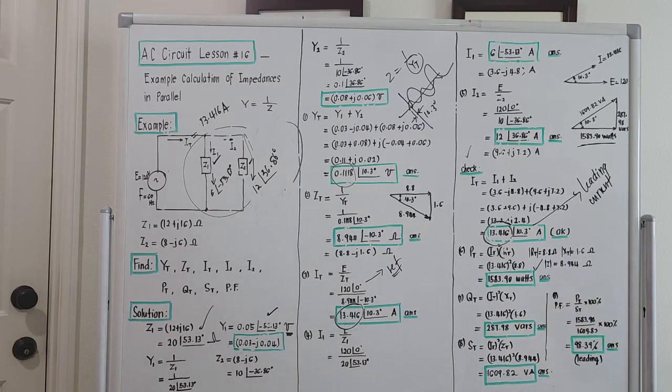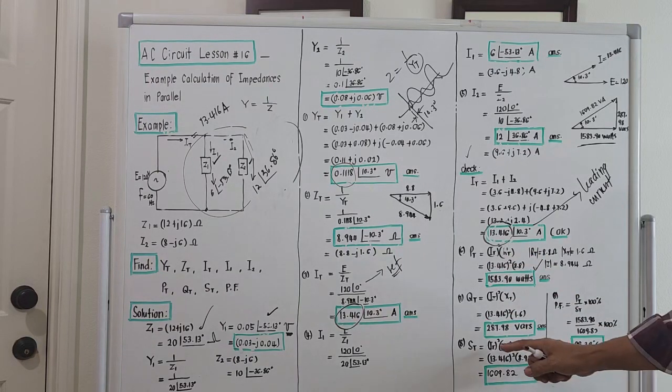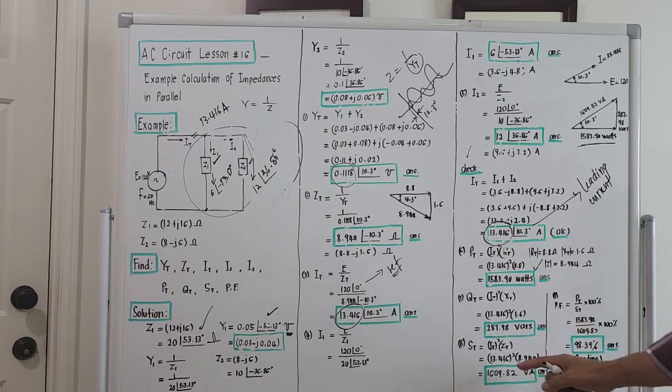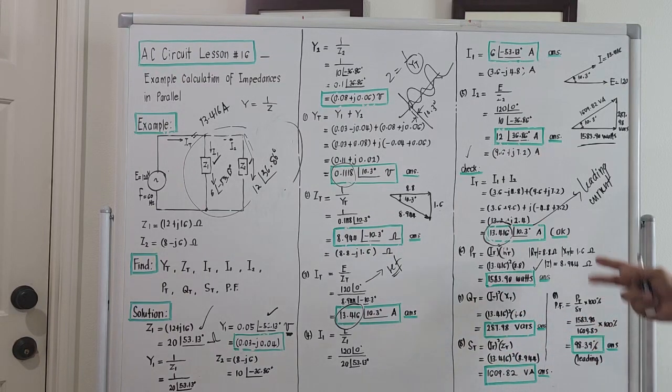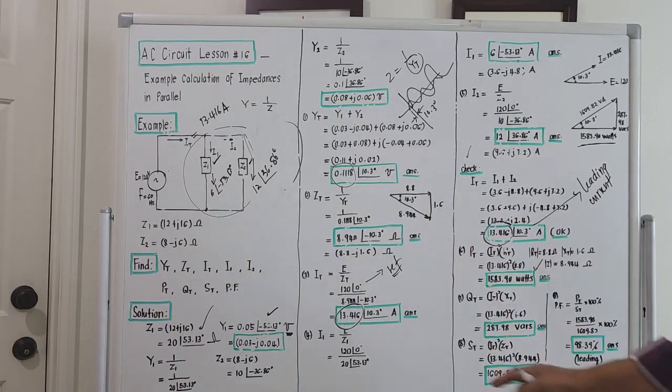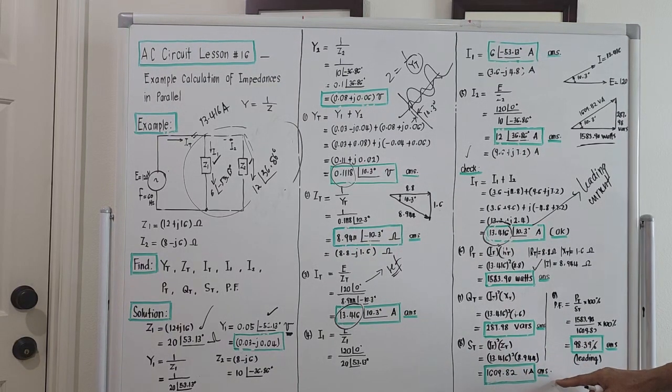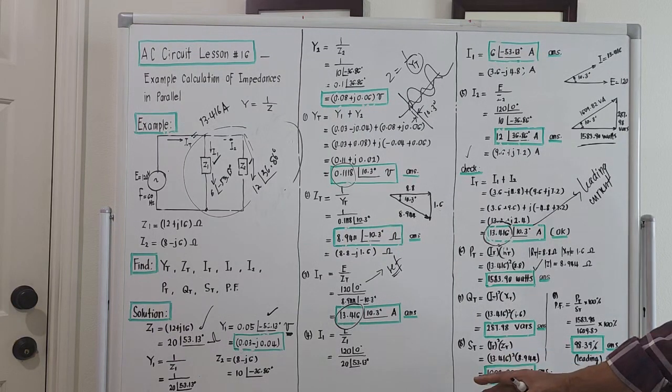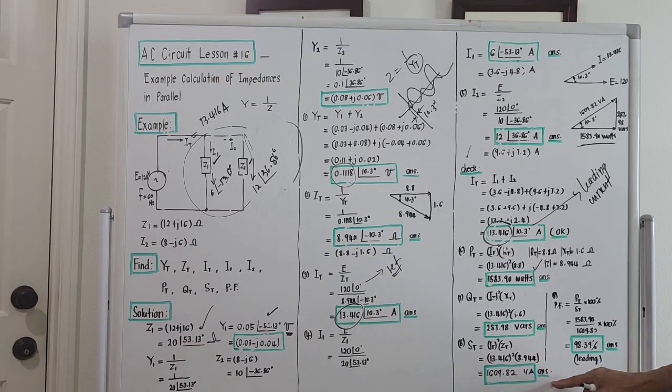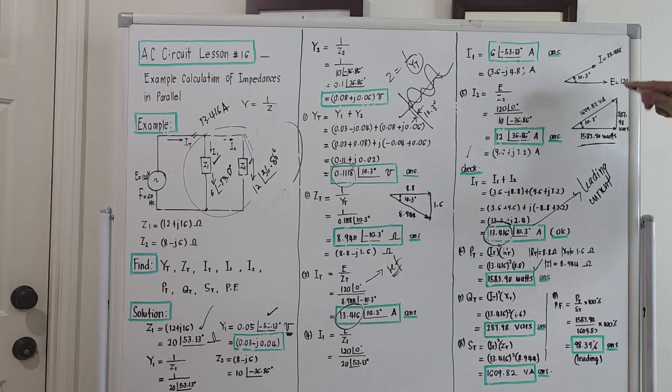S total will be the square of the current times Z total, 13.416 squared times 8.944. The total value will be 1609.82 volt ampere. The product of voltage and current, that is volt ampere. So it is this portion here. It is a right triangle.